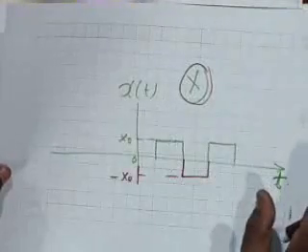Now, with regard to a particular example, capital X is the random variable and small x is the value that it can take. Small x of t is the random time function. Okay. Now, let us take this example.